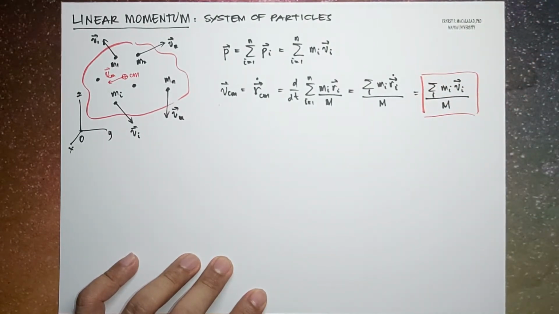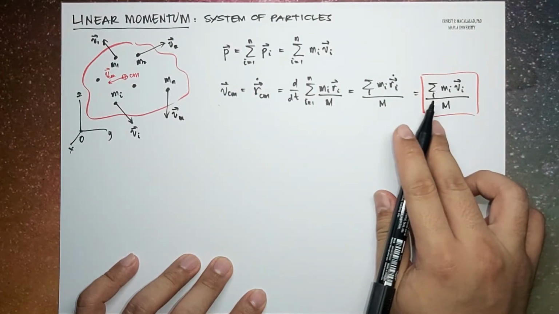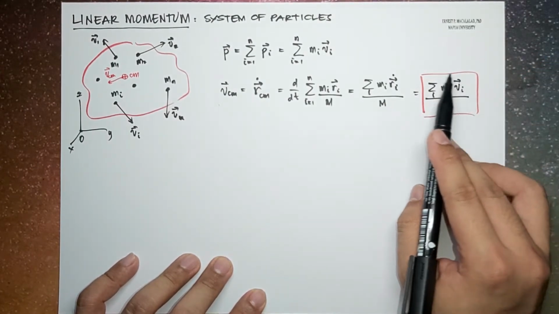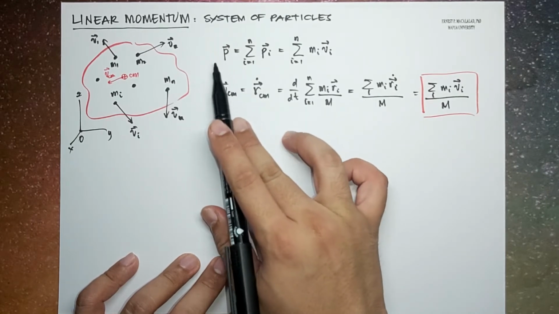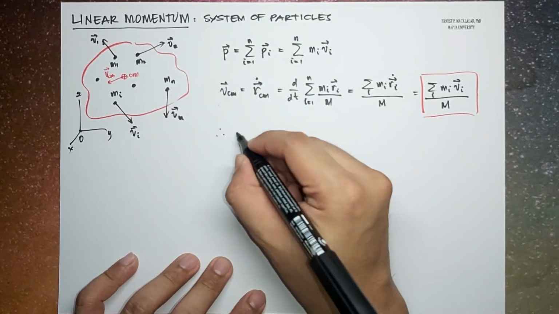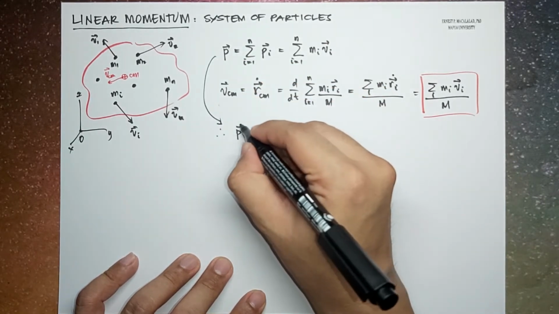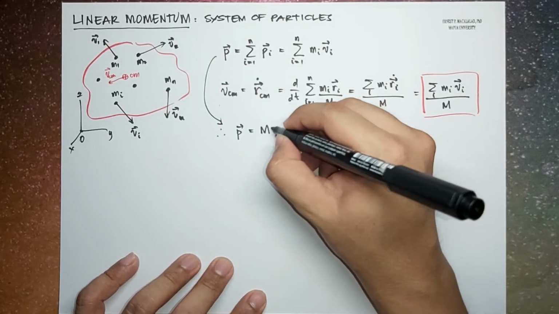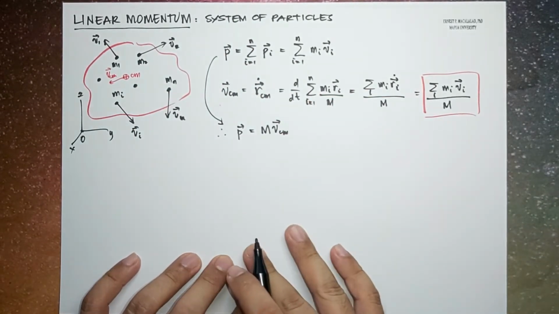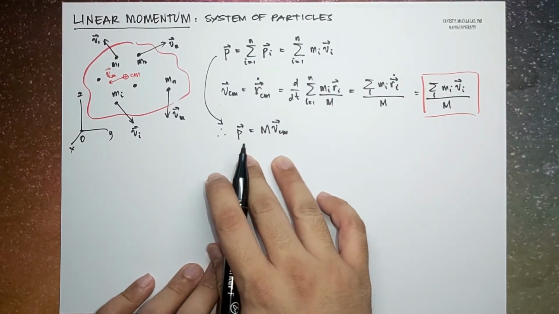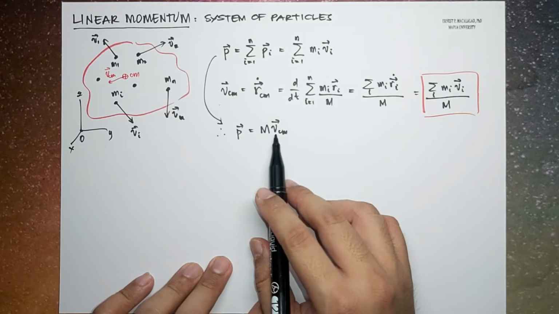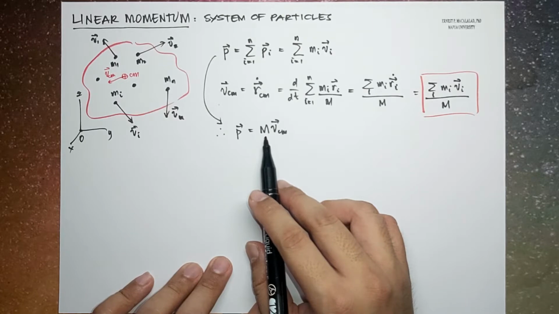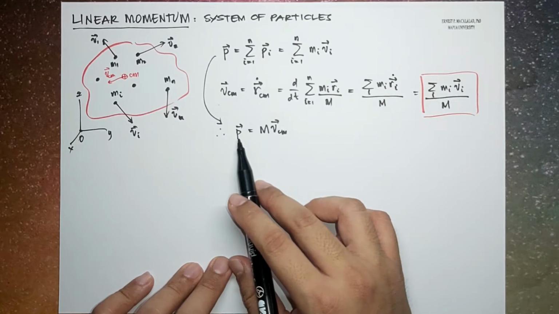Now this suggests that the numerator is actually equal to the total momentum of the system. Therefore, the total momentum of the system of particles is equal to the total mass of the system times the velocity of the center of mass. In other words, if you know how the center of mass moves, and you know the total mass of the system, you can directly compute the linear momentum of the system.